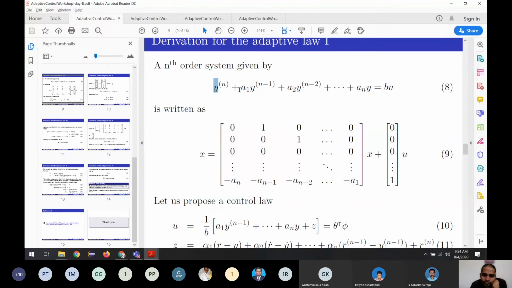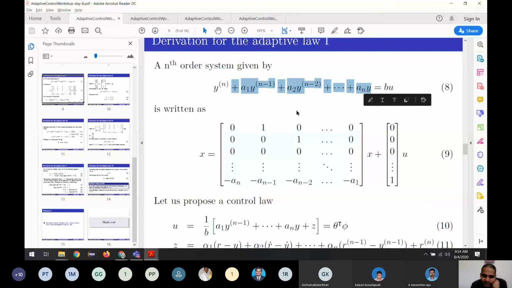Which is equal to, if you put all these terms on the other side, how it looks: minus a1 times y of n minus 1, which is the last term. We are writing this in the form of a matrix. We see we are getting negatives because we are sending all these things to the other side.